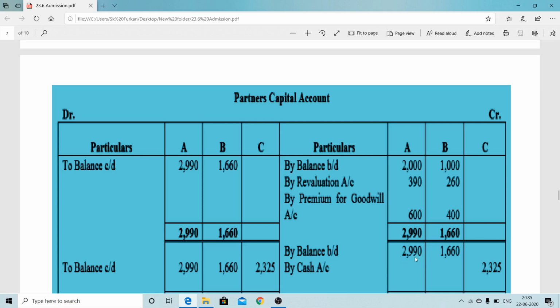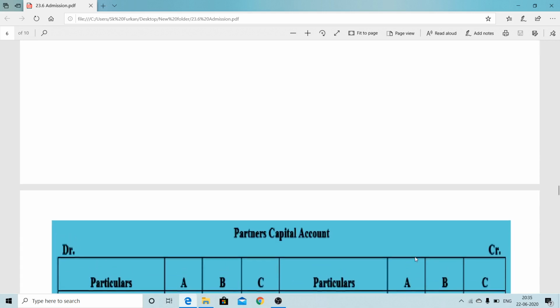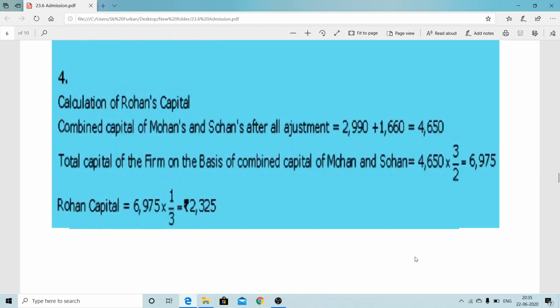So the total combined capital of the old partners, let's see the working here. The combined capital of the old partners after all adjustments including revaluation and goodwill is coming to 4,650 rupees. So this 4,650 rupees is the old partners' capital. In the question it is mentioned the new partner will get 1/3 share of profit.